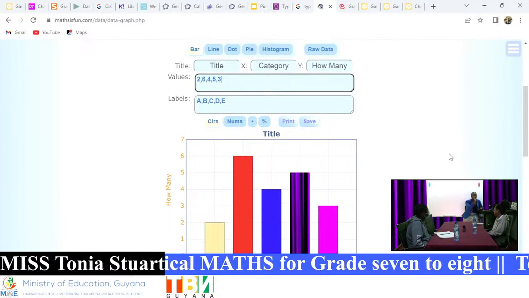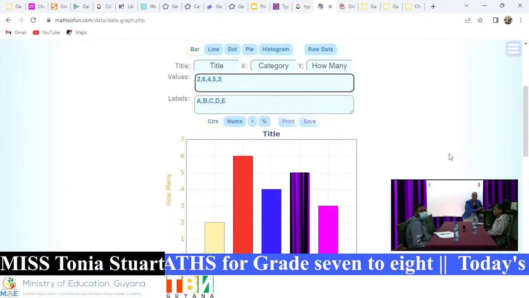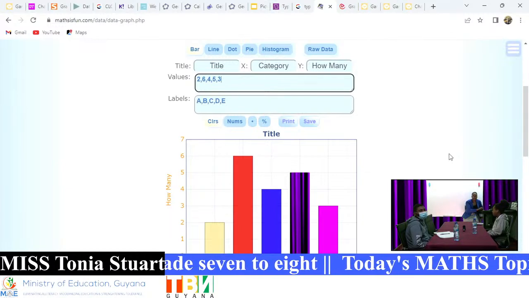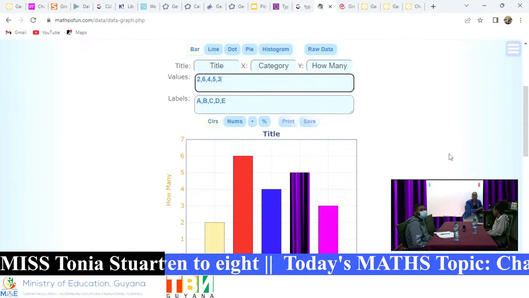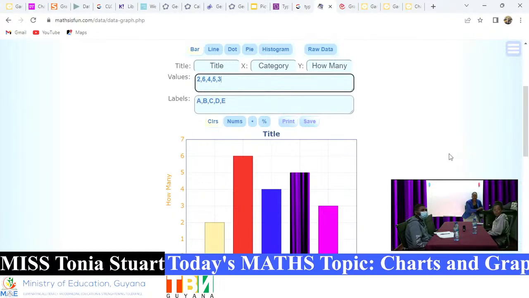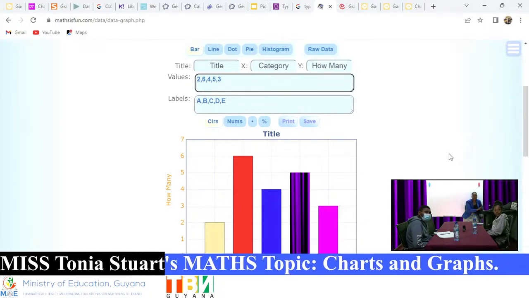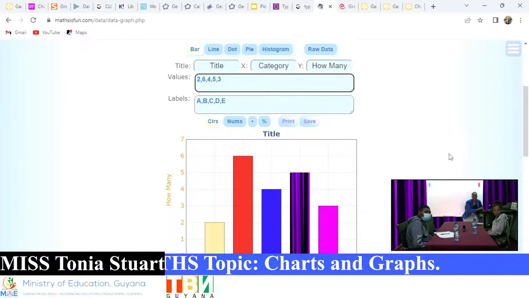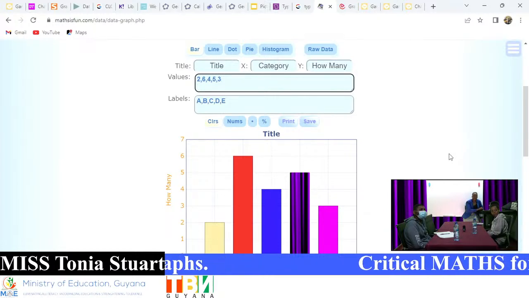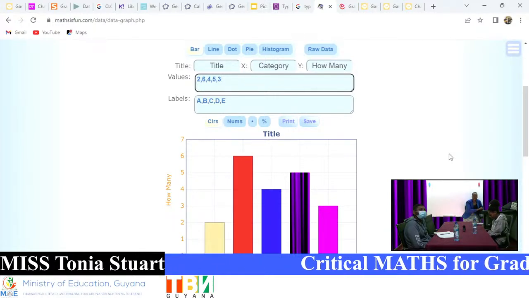Do you notice that you have some things that look like rectangular bars? Don't worry about the colors, they're in different colors, but what else about the bars? They're equally spaced. Can you see that?